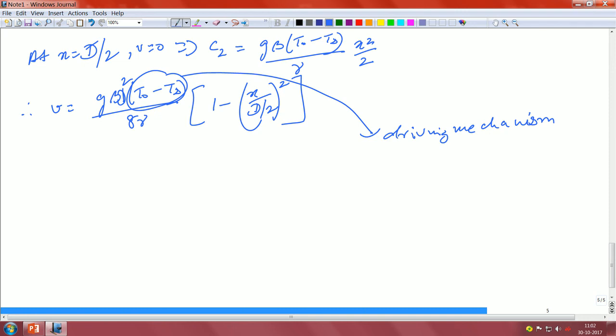So, like the pressure head we had, in this particular case, this is basically the driving mechanism of the flow. Okay. So, we have established what the velocity scale is going to be. Now, it remains to calculate the corresponding heat and the corresponding Nusselt number and stuff like that. So, let us look at that in the next class. So, here we have established up to the velocity scale of the problem.